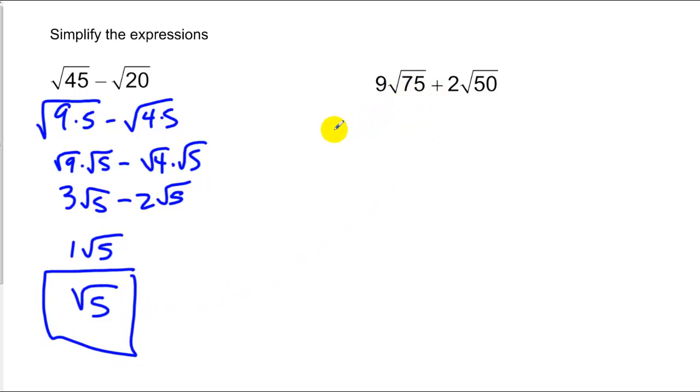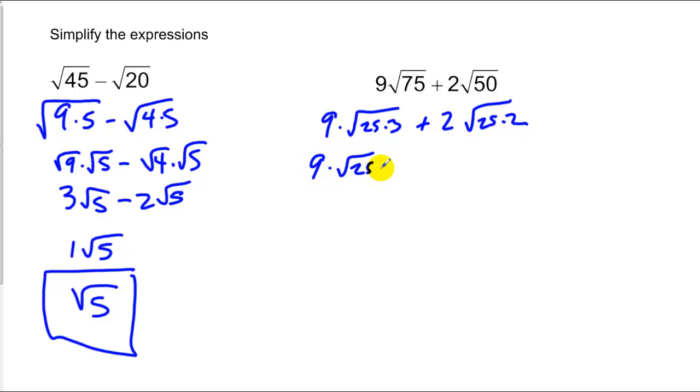Over in this next example, I have 9 times root 25 times 3 plus 2 root 25 times 2. This goes to 9 times root 25 times root 3 plus 2 times root 25 times root 2.